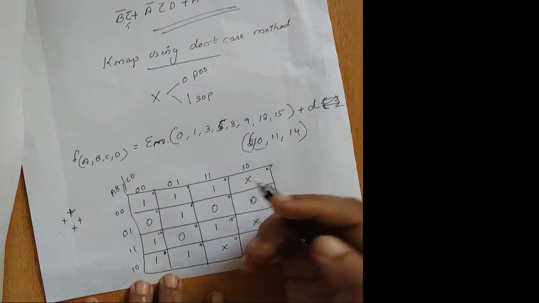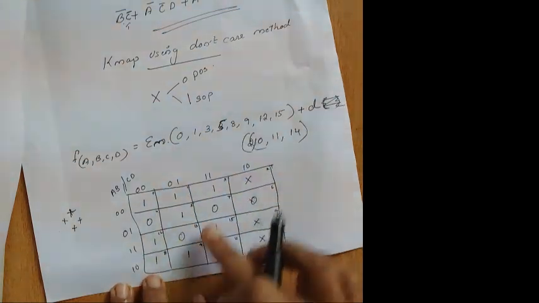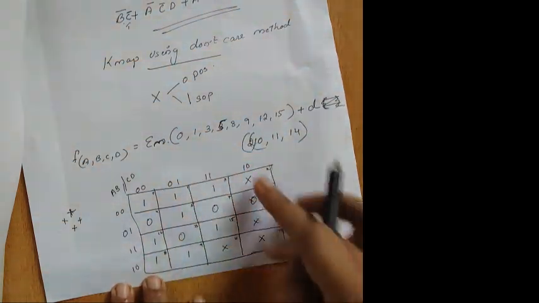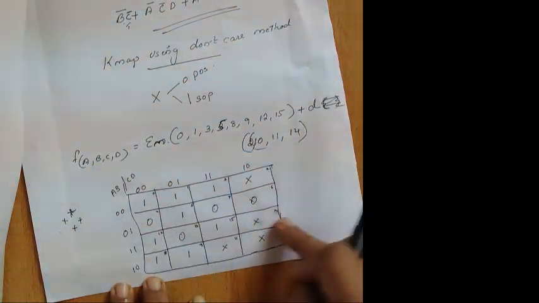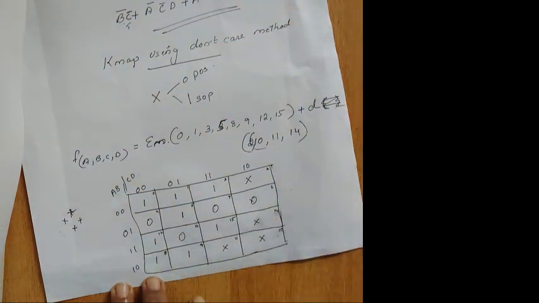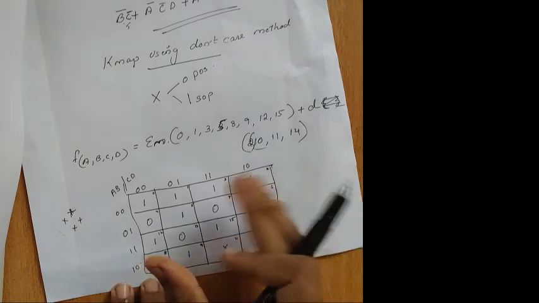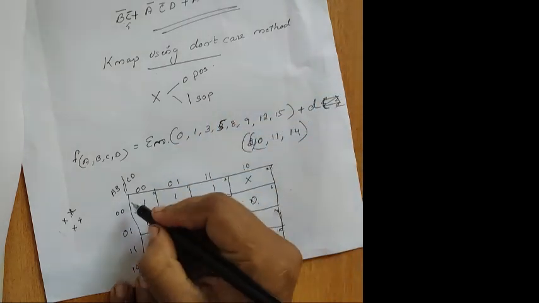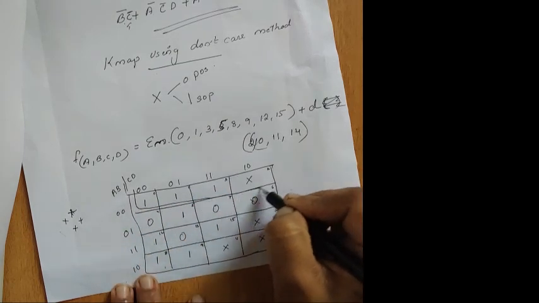You can see whether you have any column completely, or any row completely; that means two adjacent rows should be there. I told you in the previous class how to take it. Now when I'm folding, I can get a grouping over here. Look.